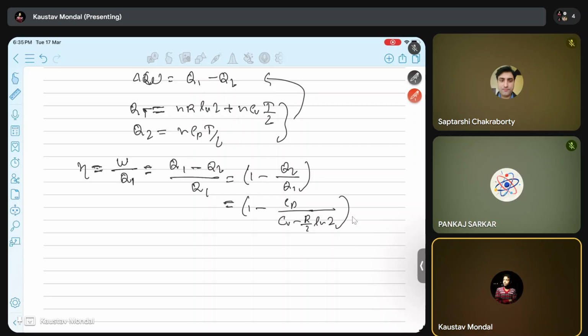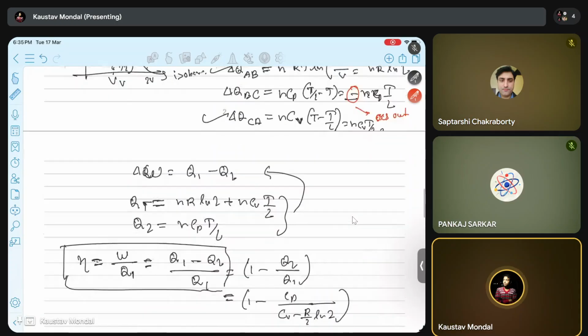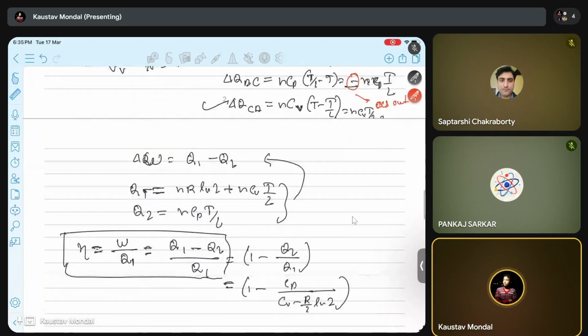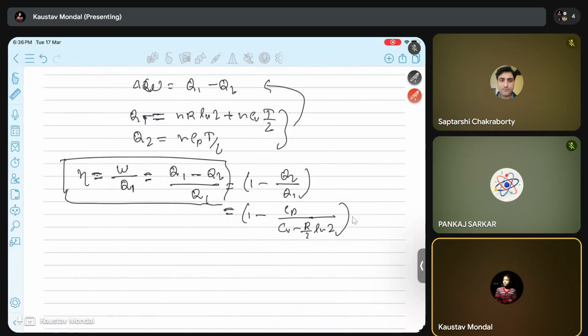This is a general formula to calculate the efficiency of any cyclic process. For this process, since you can calculate the expression of heat input and heat output, if you substitute it here, you'll get this expression as its efficiency.